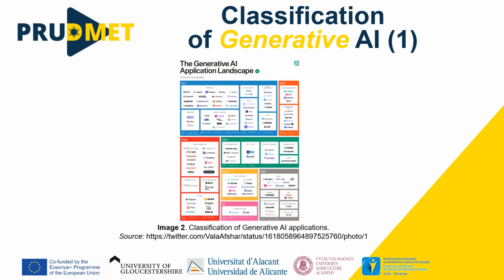Moreover, all creators of these classifications of landscapes can add more AI tools or platforms. Therefore, this list is not final, or it highlights that it's a work in progress. The platforms change every day, and new solutions can be involved.